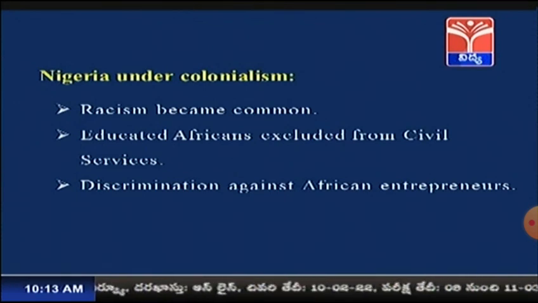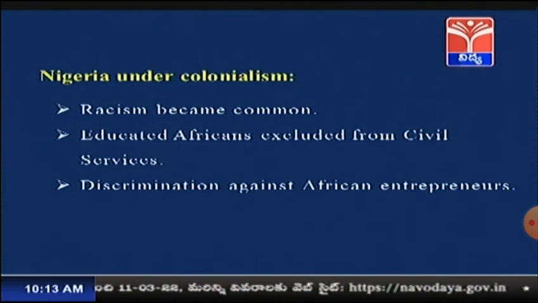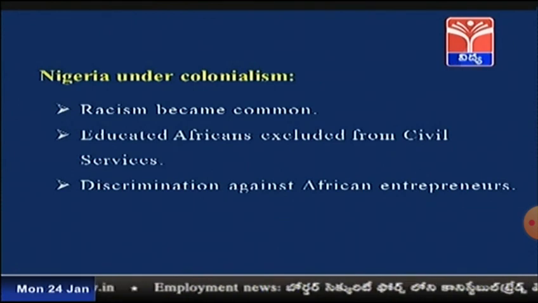So under the colonialism of Britishers, racism became common, and even educated Africans were excluded from civil services. Children, this also happened in India. Civil services means the common exams which were conducted for the recruitment of government employees.